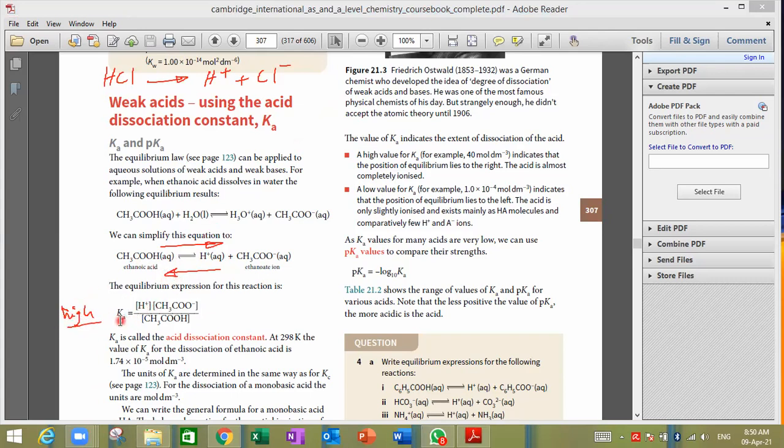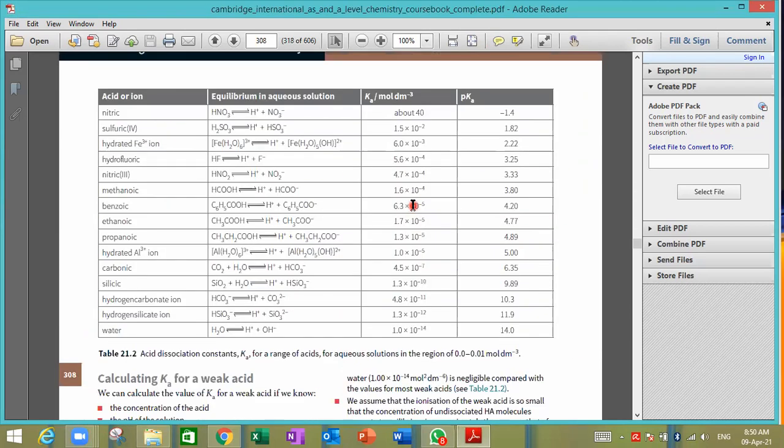A higher Ka value means that we have a strong acid, because scientists say that no acid dissociates 100%, but strong acids dissociate nearly 100%. There is also an equilibrium here, but the equilibrium lies further to the right-hand side. But if we have a weak acid, then this equilibrium lies further to the left-hand side.